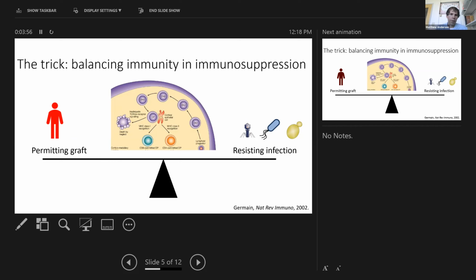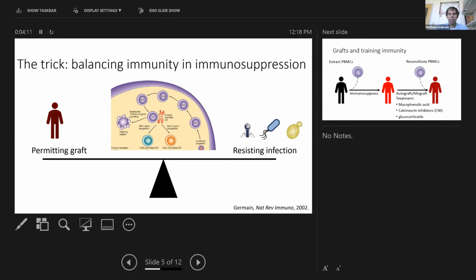That rejection is often mediated by T cell populations that I've kind of depicted here in the middle, going through the process of differentiation from the lymphoid progenitors through different stages, and then finally into CD4 or CD8 positive populations. And so we need to find ways such that we both resist infections, but allow the graft, often an allograft of a non-donor, or sorry, a non-patient donated sample back into a patient.